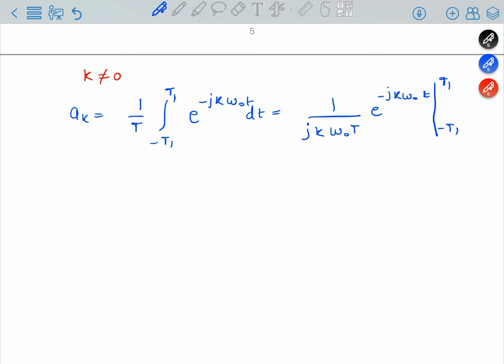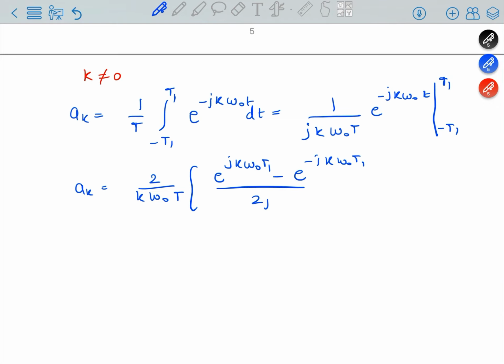Now we replace this interval, and we get a_k as 2 by k omega naught T, and the value will be e raised to the power jk omega naught T1 minus e raised to the power minus jk omega naught T1.